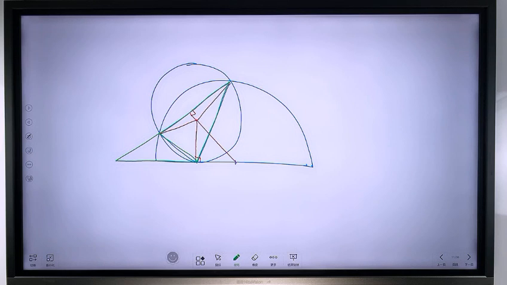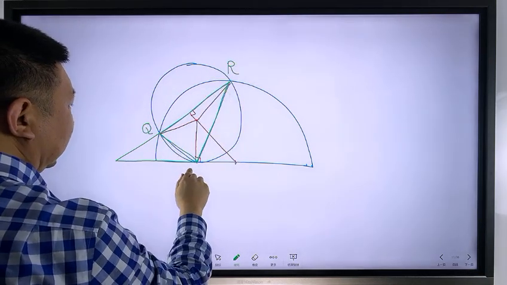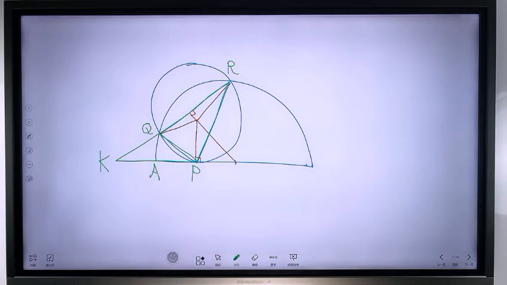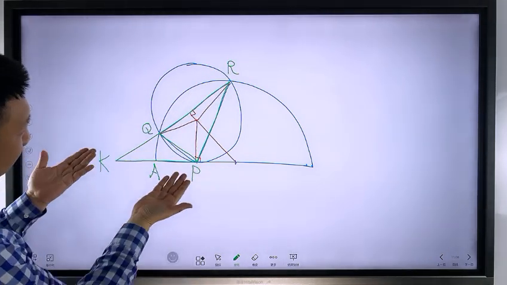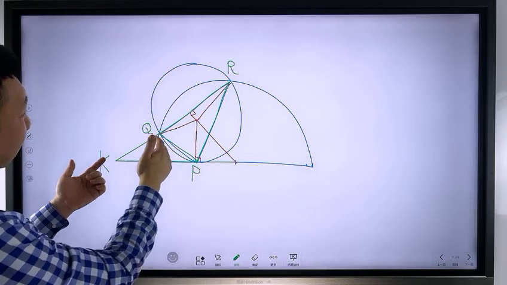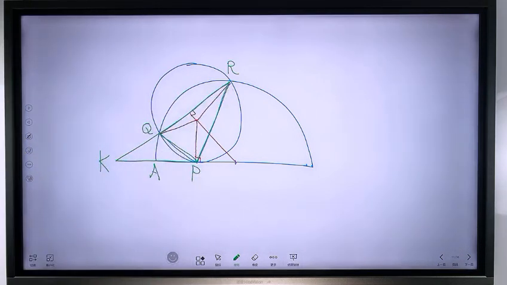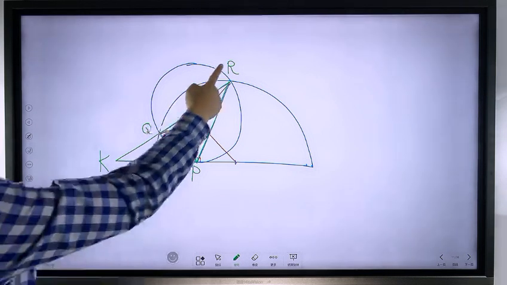Then what do you have? I'm only going to put labels on the points that are related to us. Here I intersect this with that. Why is that? Because there's a natural tangent line. Then maybe we can use the power of a point, KP squared equals KQ times KR, to try to do something. Now, how do we calculate the area of this triangle PQR?